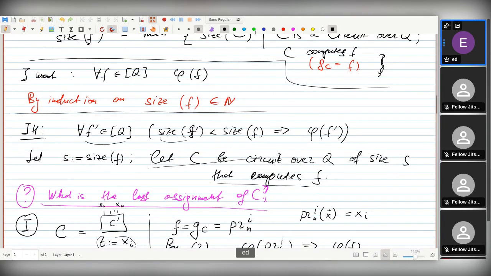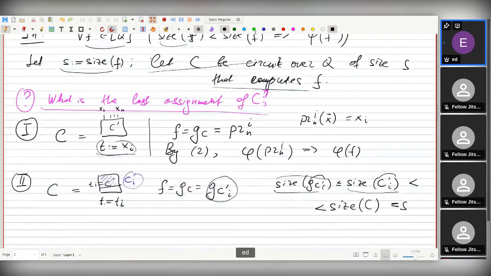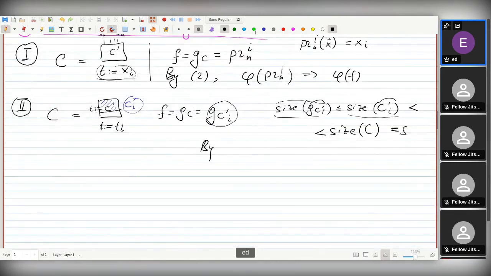By the way, this size is relative to Q, but for us, Q is fixed. Every function whose size is less than s satisfies phi by the induction hypothesis. By the inductive hypothesis, we see that phi is true for this function, and hence phi is true for f because f is the same.